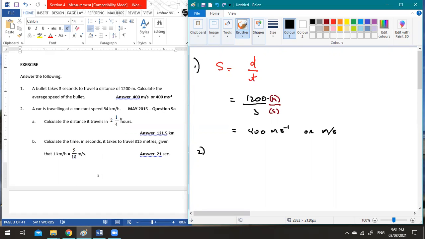Speed is distance over time, and they want us to find the distance. If we rearrange the formula, we get distance is speed by time: 54 multiplied by 2.25, because 15 minutes is a quarter.